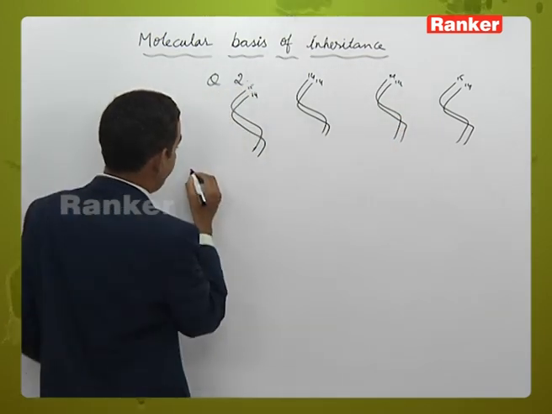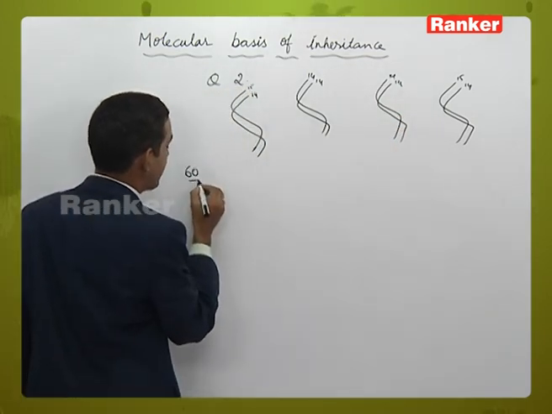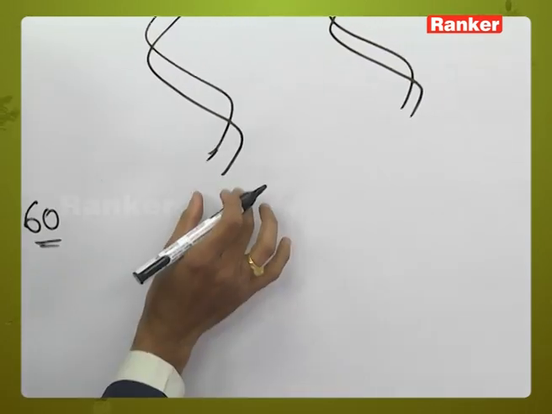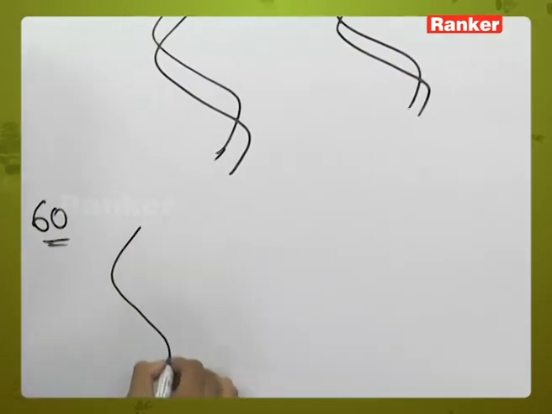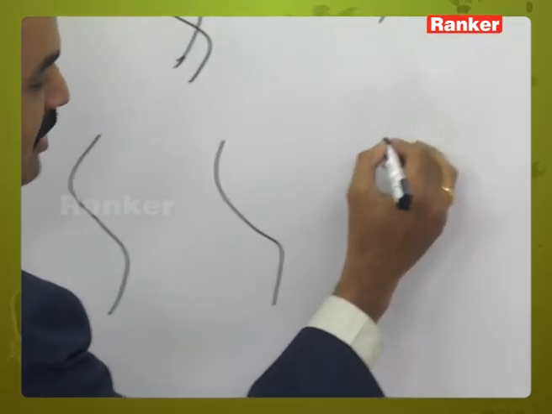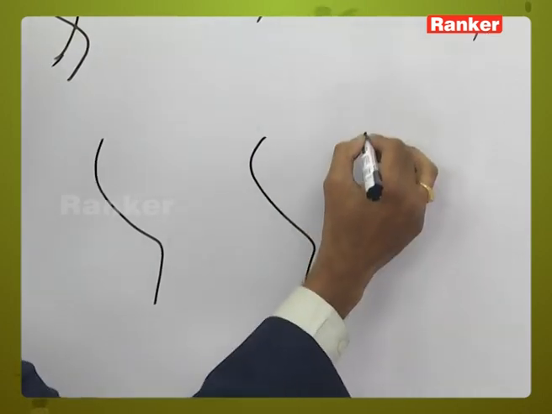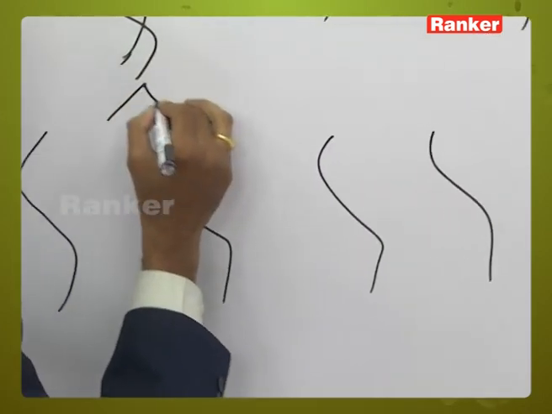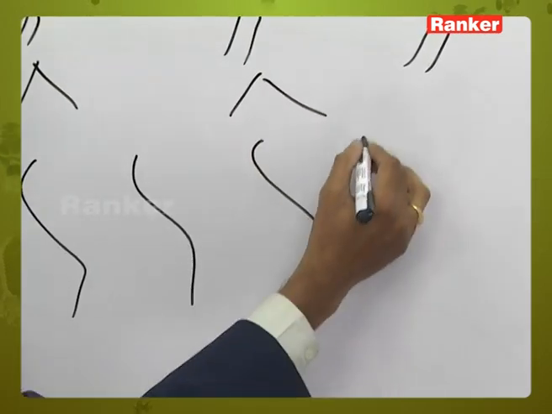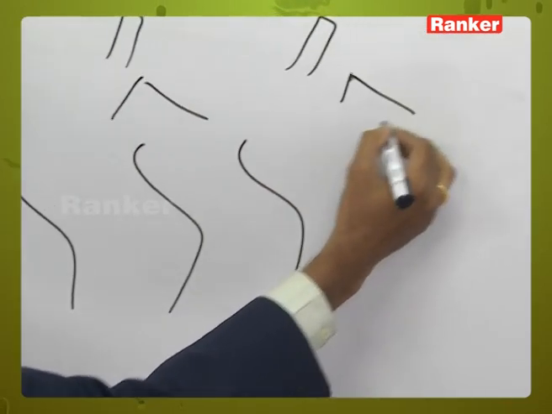Now after 60 minutes, replication takes place once again. These two strands separate out, and these two strands also separate, and from the others too the two strands separate out.